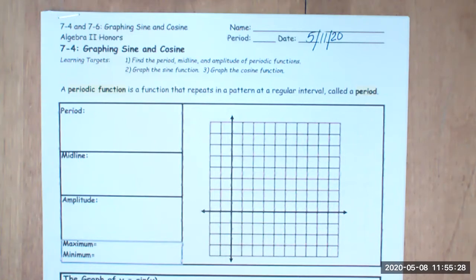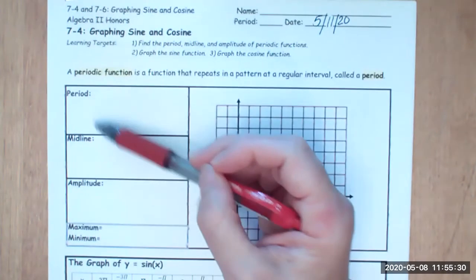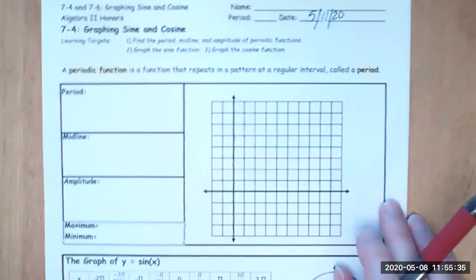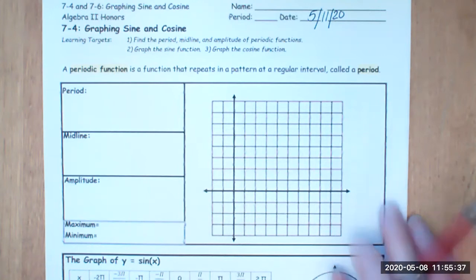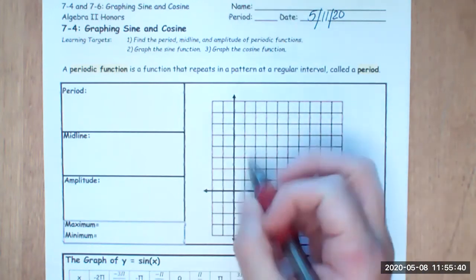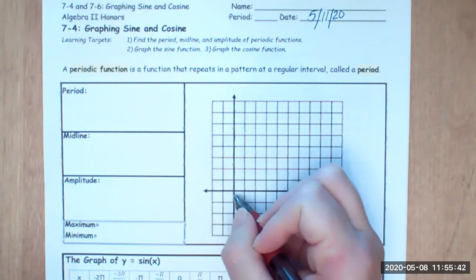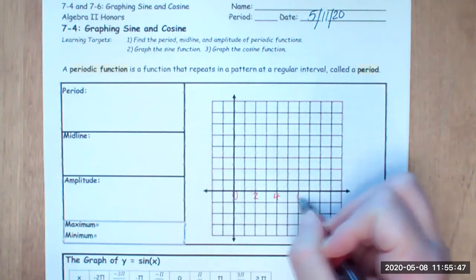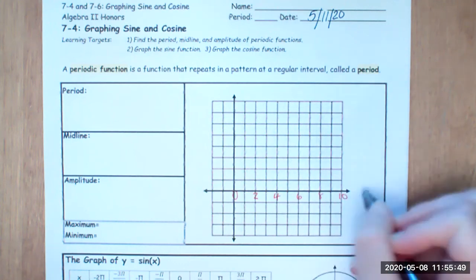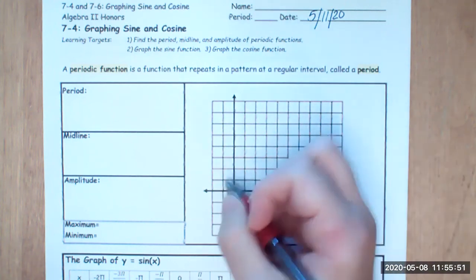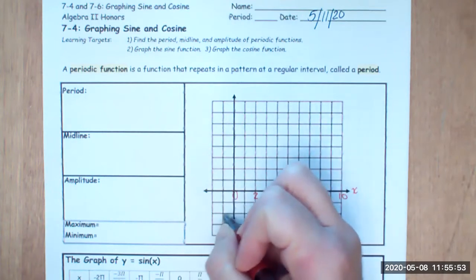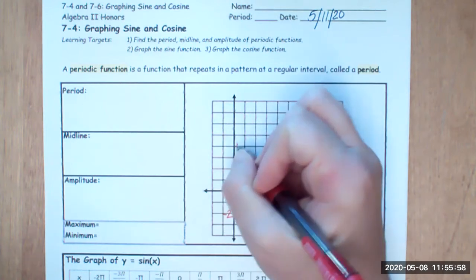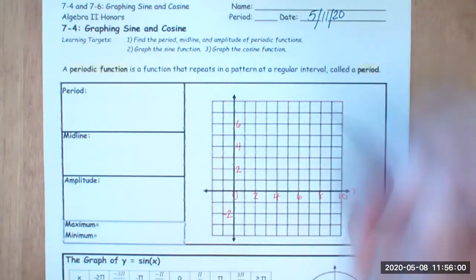So what we're going to do first, before we describe the period, the midline, the amplitude, the max, and the min, I'm going to sketch just an example of a generic periodic function. Okay, so I'll label this axis, just counting by ones, but I'll label every other: 0, 2, 4, 6, 8, 10 on the x-axis, and on the y-axis 0, -2, and then 2, 4, 6, and so on.